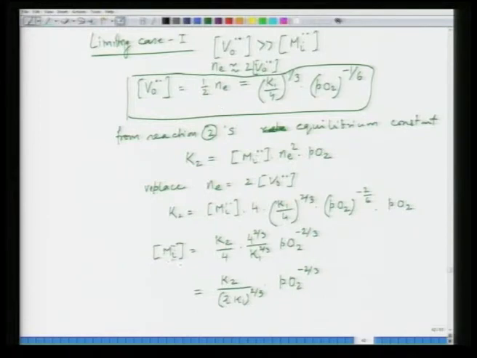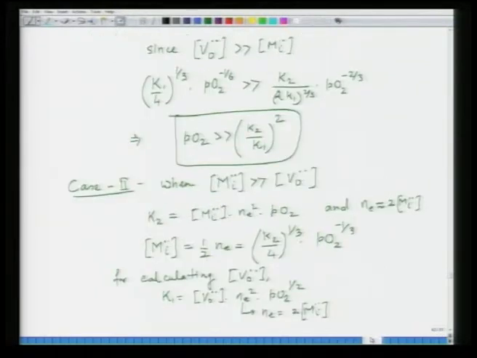As a result, the MI or metal interstitial concentration expression has N, and this N comes from the expression of VO. So VO has a dependence of PO to the power minus 1 by 6, while MI has a dependence of PO to the power minus 1 by 3. And then we also worked out the partial pressure of oxygen at which this is going to happen.